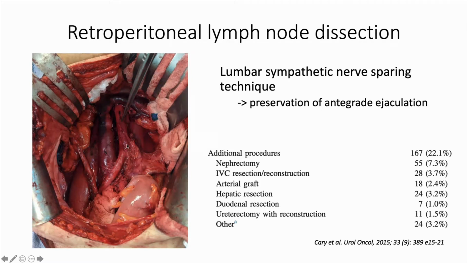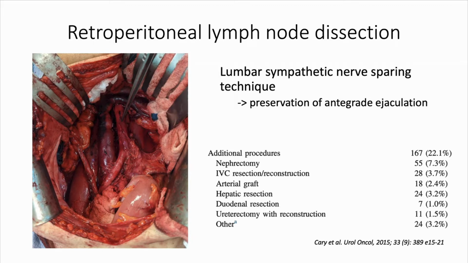We usually do RPLND by doing a split over the vena cava and aorta, and then we roll the lymph node packages posteriorly off the cava and aorta. Lumbar arteries are usually spared as well as the IMA, but lumbar veins are usually ligated, depending on the situation, of course.